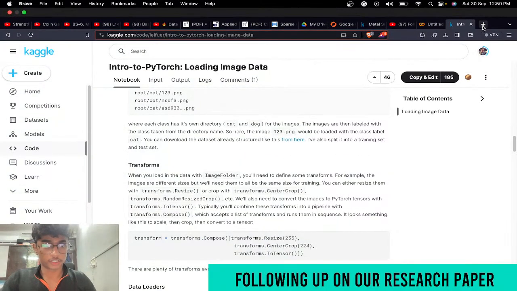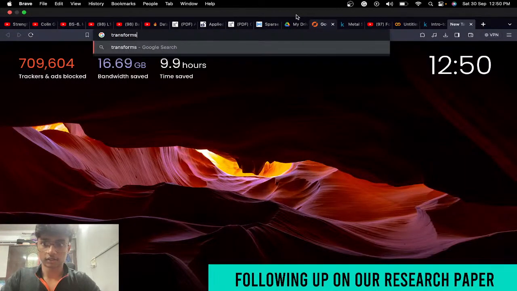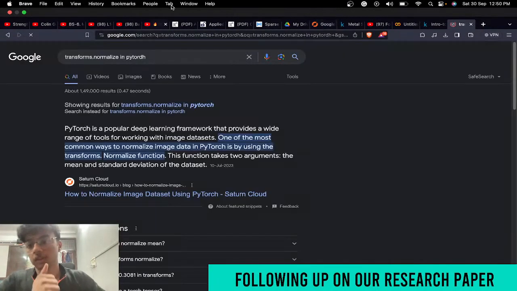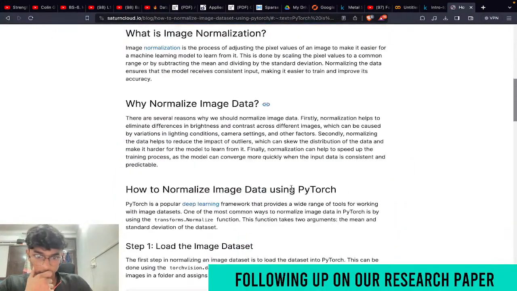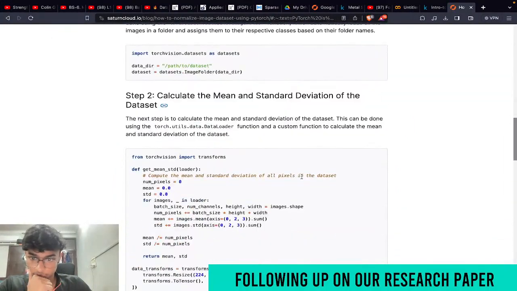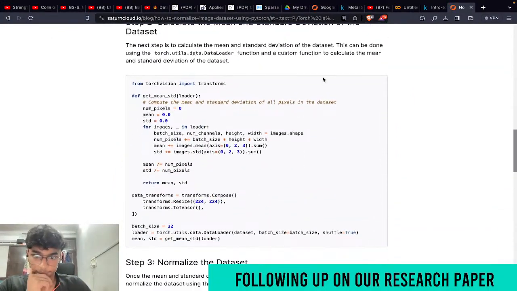And there was one more, transforms.Normalize. That exists, right? The function takes two arguments, the mean and the standard deviation of the dataset. Mean is 0, standard deviation is 1.